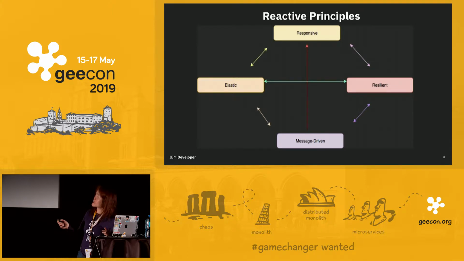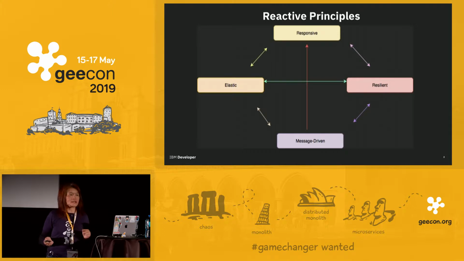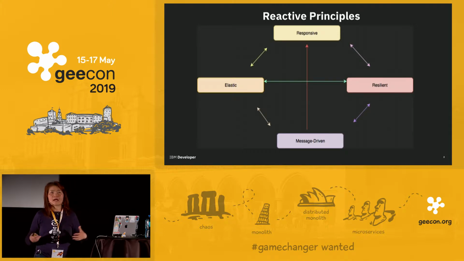The next thing, let's talk about elasticity. By elasticity, it means that systems need to be able to scale up and down according to the load. If you have more requests coming into the system, then there should be more resources to handle all of the requests. A really good design of a reactive system would have that capability.